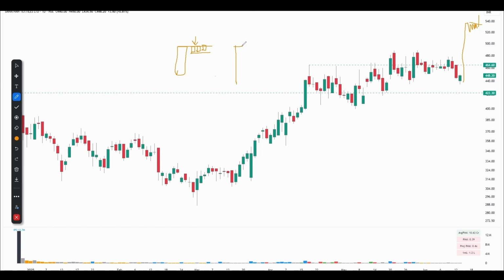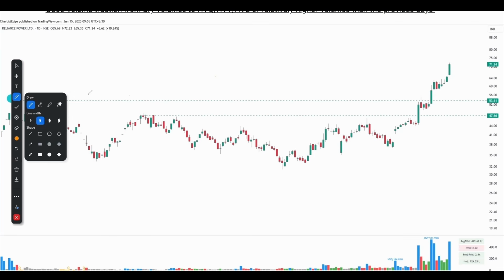We should not get this kind of volatile price structure where the highs and lows are not being respected by the price. Even if the price gives you a breakout, good follow through, and you see this kind of contraction, you should normally skip this stock until it gives you a linear move, good expansion candle, good contraction where the highs and lows are respected, and then and only then we will look for an opportunity.